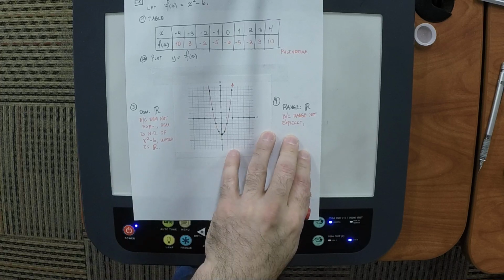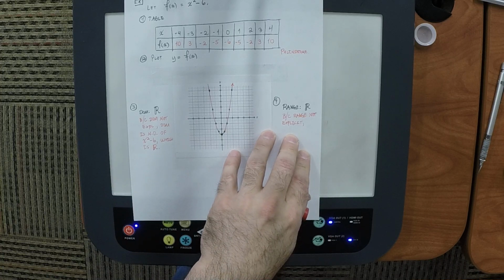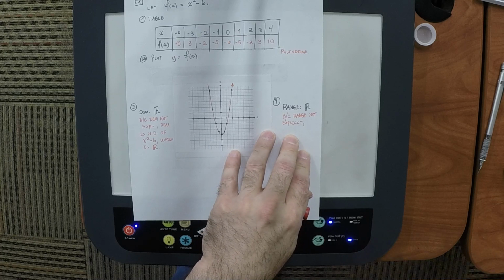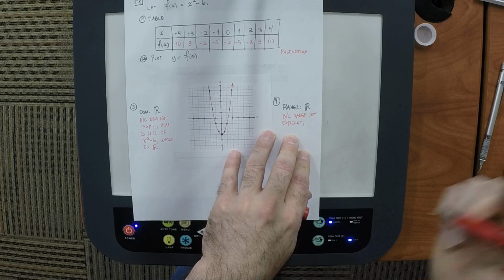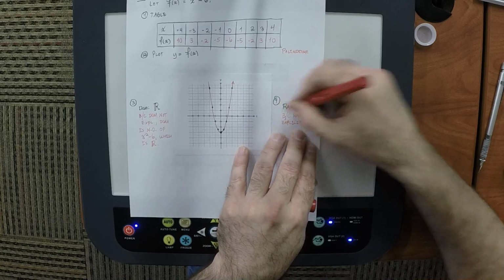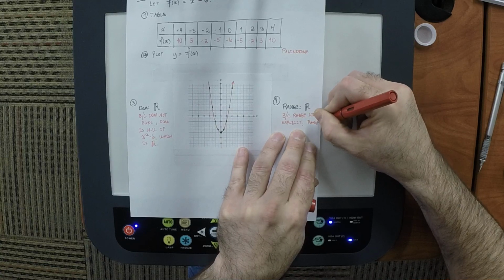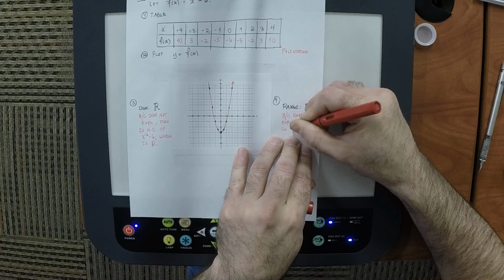For domain, there's calculation necessary. Like you've got to figure out some stuff. But not in the case of range. The answer is that if you don't say, everything's in the range. Because the range is not explicit, the range is the reals.